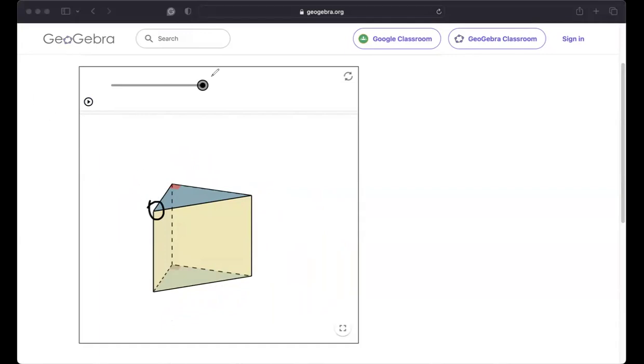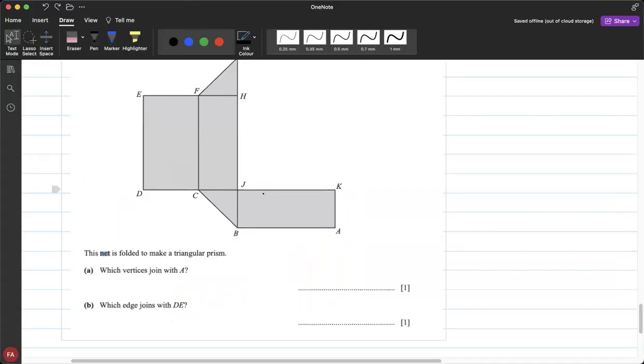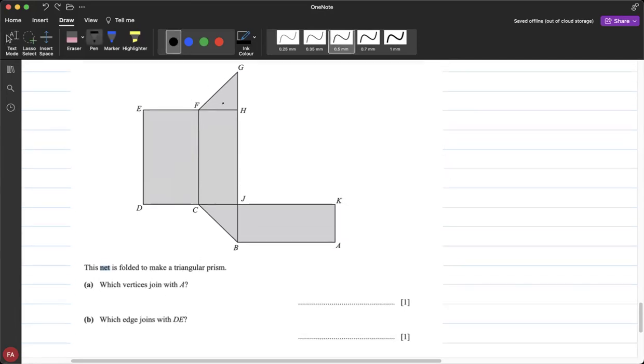Now that you've understood this concept, let's try to go back to the actual question that we were dealing with. So again, the question over here says, what kind of shape is this? It's a right triangular prism. How do I know this? Because I know that this side will come onto this side will come onto this side. This is going to be the one that's going to be laying in that direction.